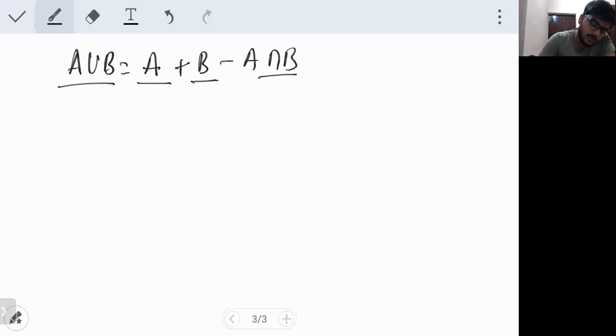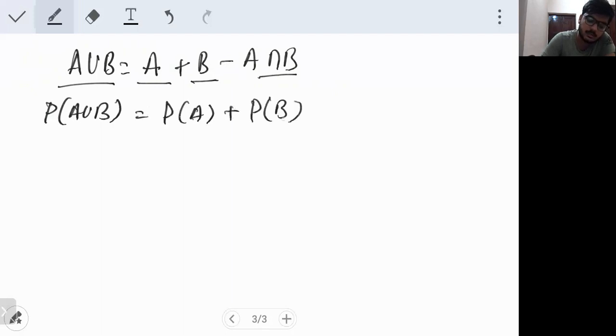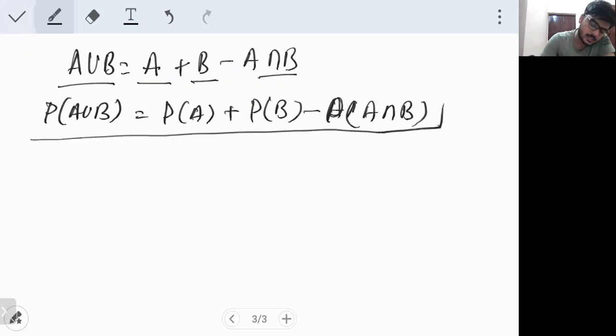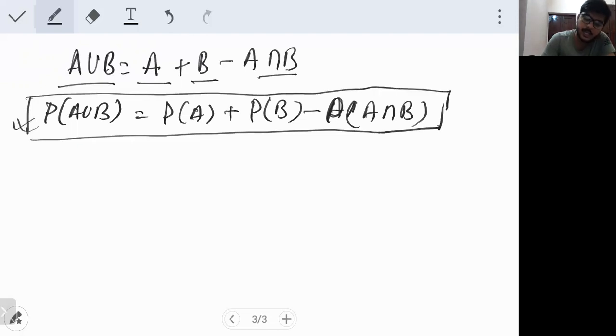So in the same way, we apply probability on A union B. It is probability of A plus probability of B minus probability of A intersection B. We will see this in our later session, this property as a theorem. So let's use it over here.